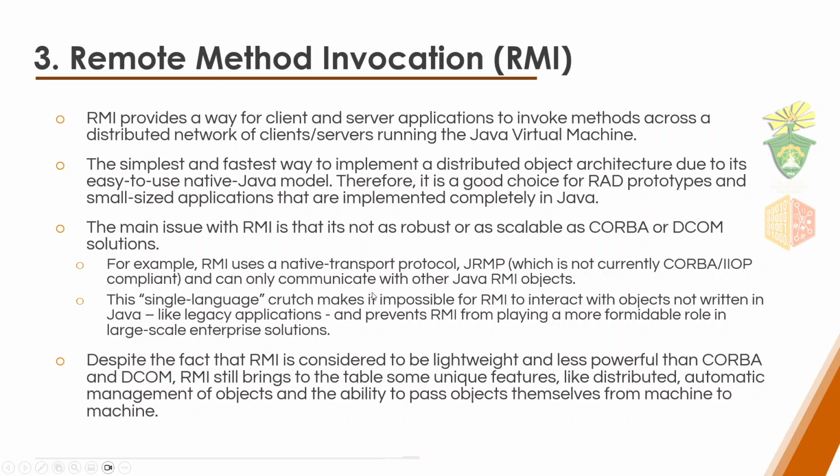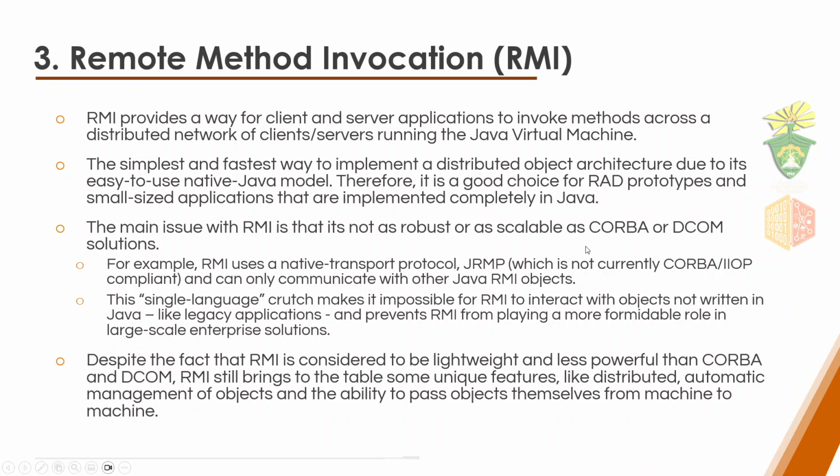Its process and features are not that adaptive when there are available legacy applications that are well-rounded or well-used in the industry or in big companies, so RMI has difficulty adapting to the environment of large-scale enterprise solutions.